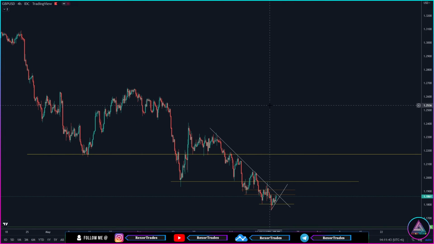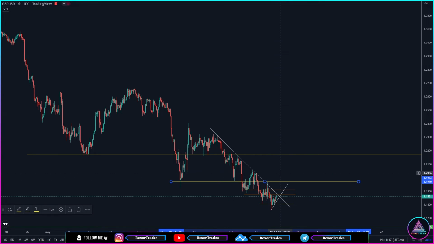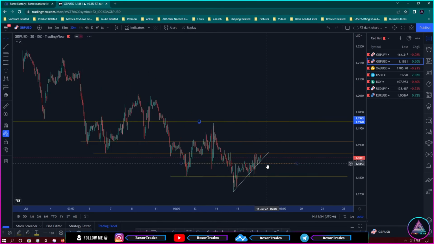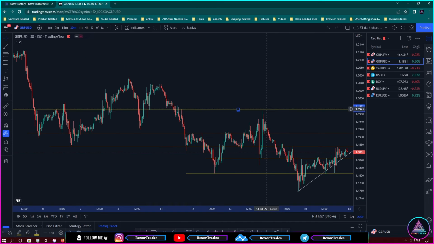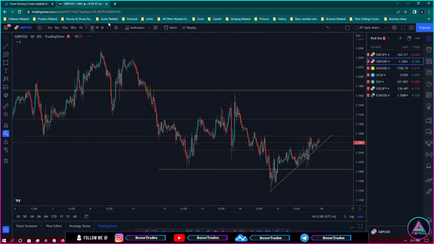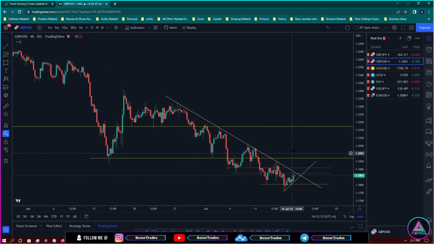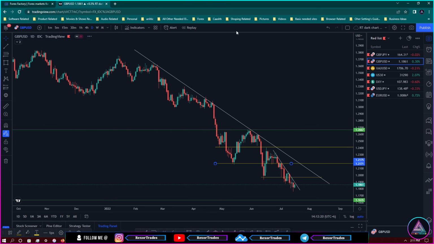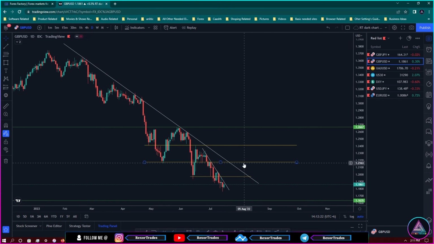However, if GBPUSD even with further bullish momentum makes a break and close above this key zone, then you can also go to a shorter time frame like the 30 minutes time frame and look for certain structures to be formed after it shows signs of making a break and close above this key zone, and then look for trades on the breakout of those structures in respect to an uptrend line in hopes of GBPUSD coming all the way up to retest this high or all the way up to retest this key zone over here, which you saw on the daily time frame as well, which is right around here.